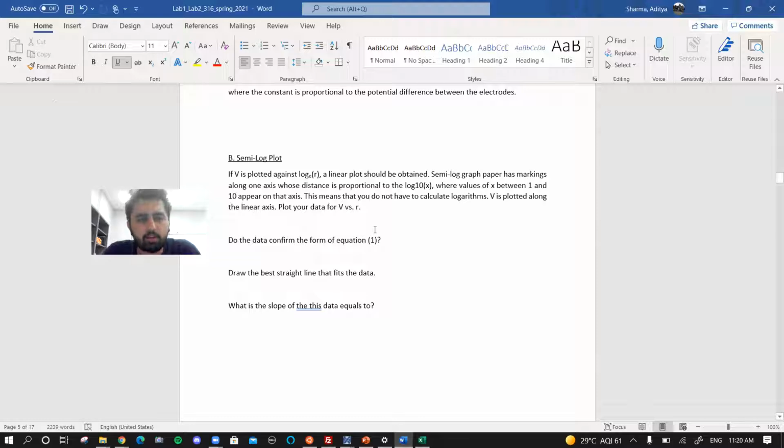Okay, yeah, so semi-log plot, plot area of V versus R. What is the slope of? Yeah, the grammar is a bit weird, but I think you understand what they're asking. Will that also be the best straight line?